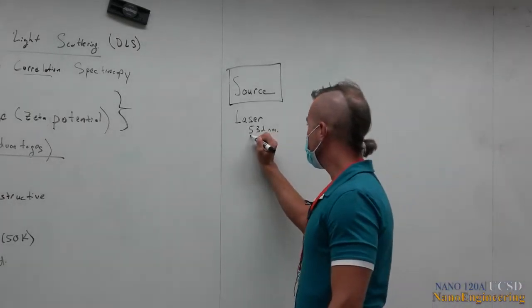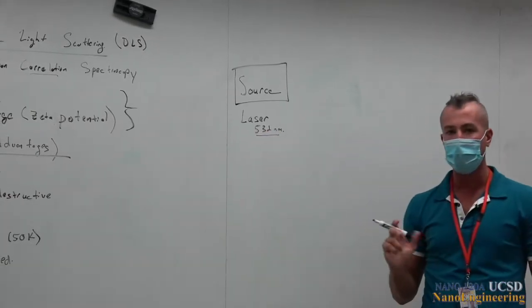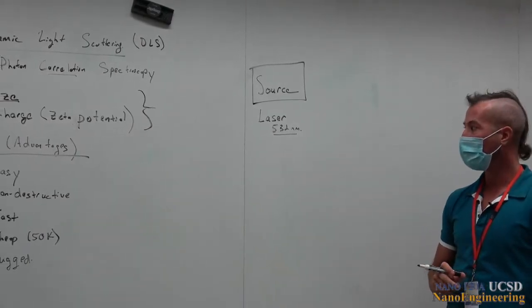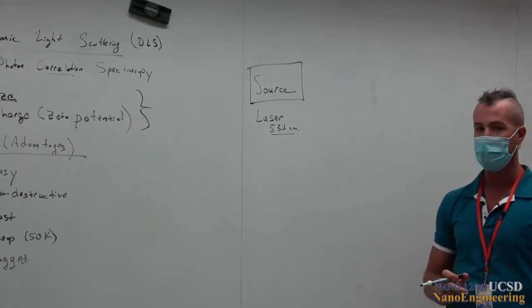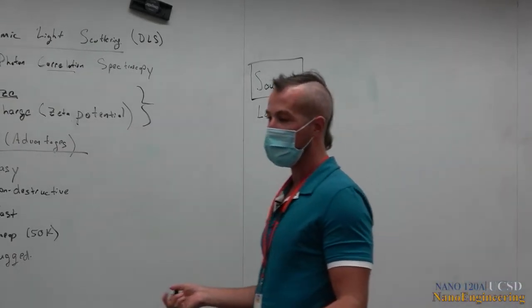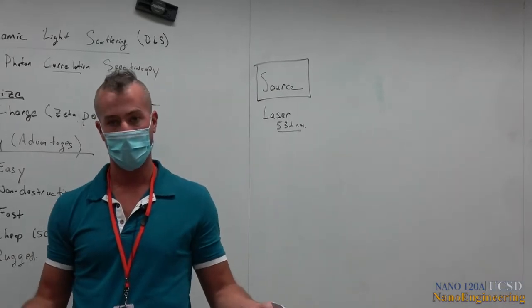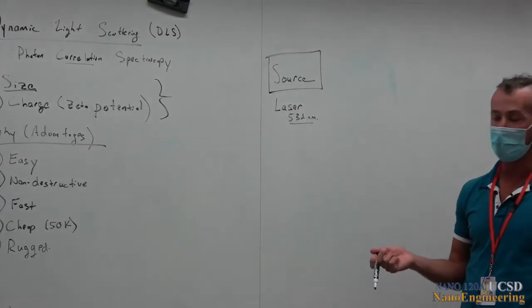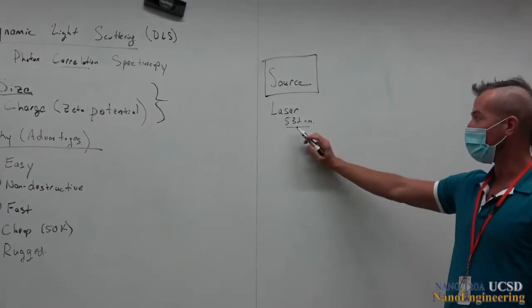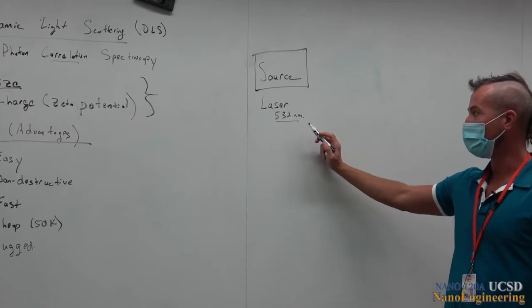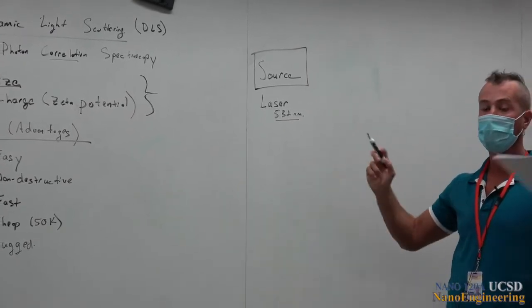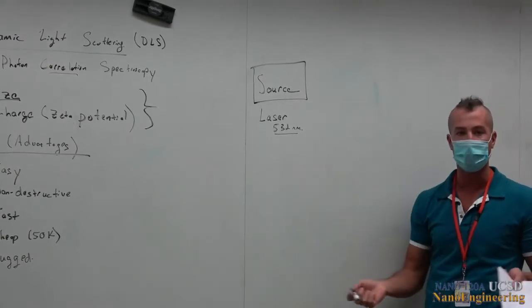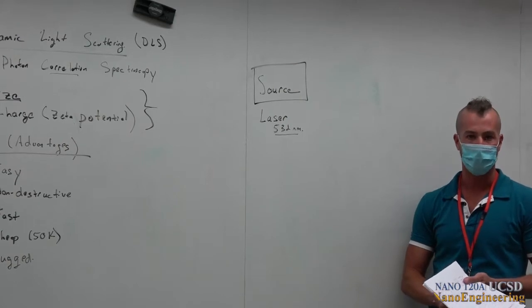So this is actually a pretty key metric, right? Hopefully you learned in your other classes that a nanoparticle tends to scatter the most at wavelengths similar to its size, right? So 532 nanometer particles are going to scatter 532 nanometer light the most, okay?